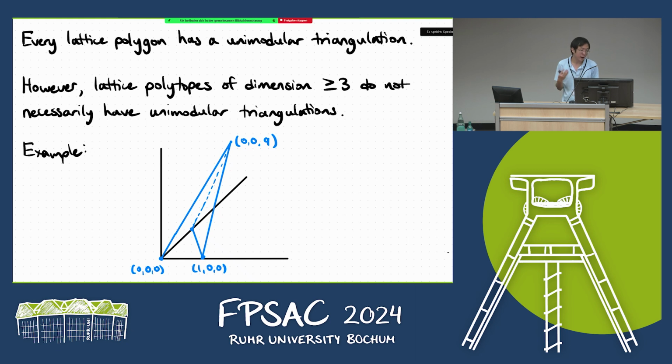So in fact it has no non-trivial triangulation. If you want to triangulate, you can only take itself, but you can calculate that its volume is not 1/6. What did I write? Oh yes, 1, 1, 9. Yes, thanks. Sorry, those should be ones. Thank you.